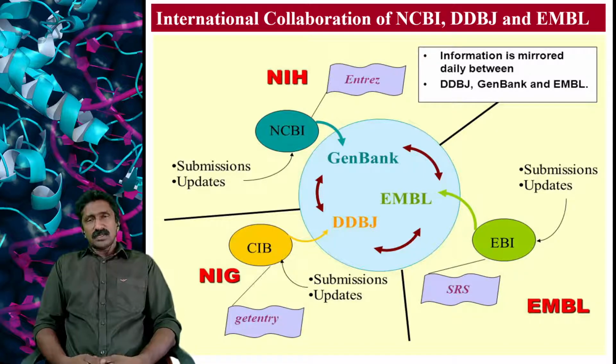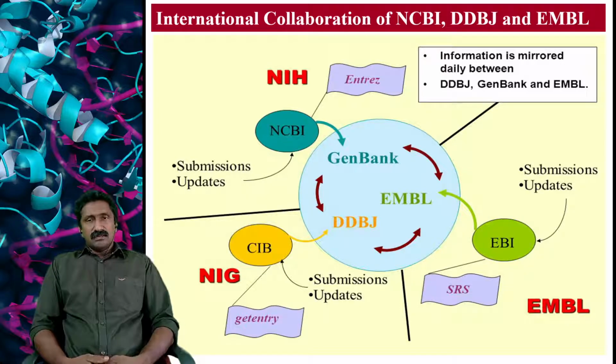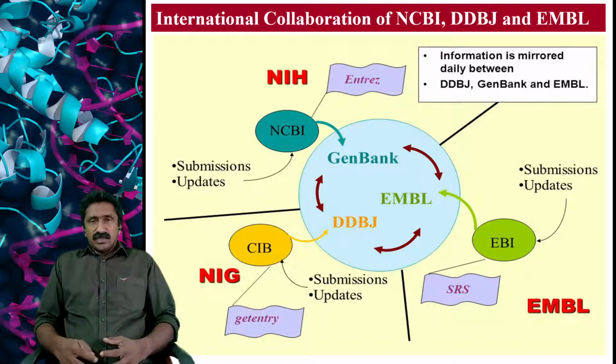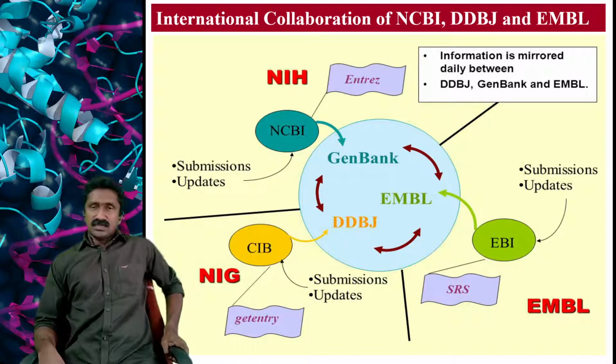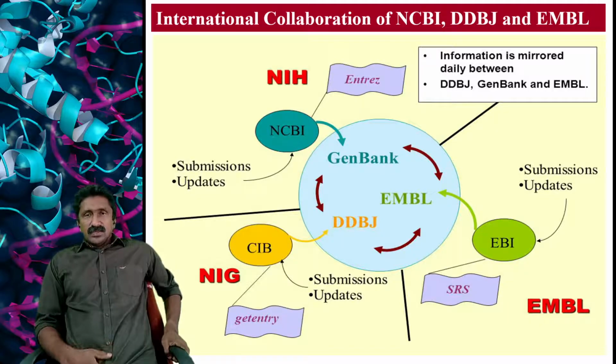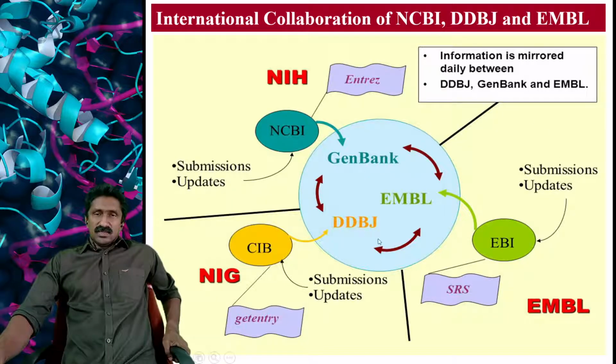So these three, the NCBI database is GenBank, then EMBL and DDBJ. These three are the primary nucleotide sequence databases which have collaborated from 1988 onwards. They are actually collaborating to share their data. So, which means we have a common sharing system.